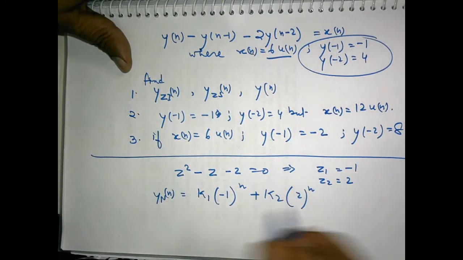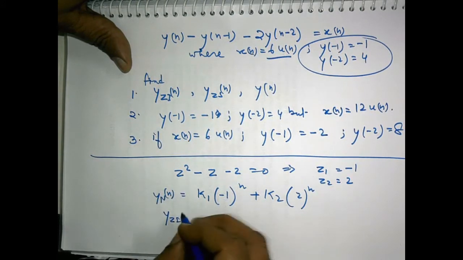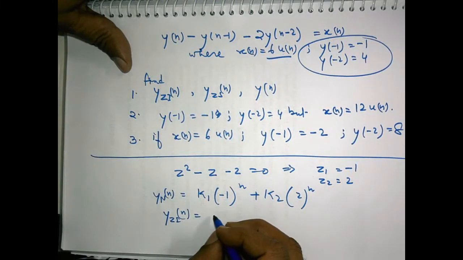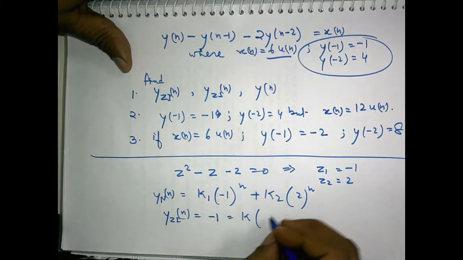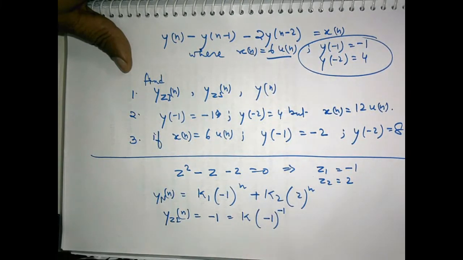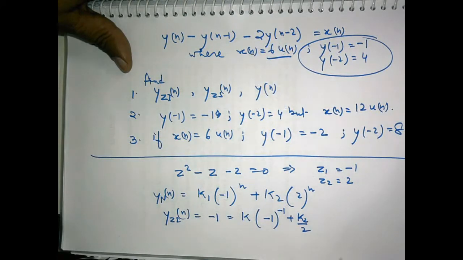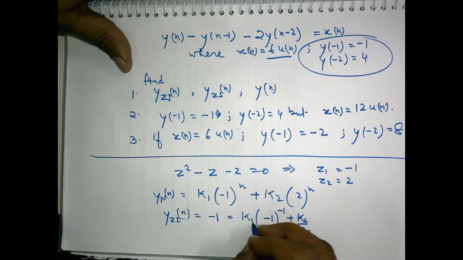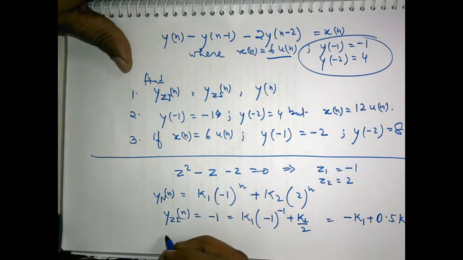So y_zin(-1) = -1 = k1(-1)^-1 + k2(2)^-1, meaning k2/2. So this will be -k1 + 0.5k2 = 0.